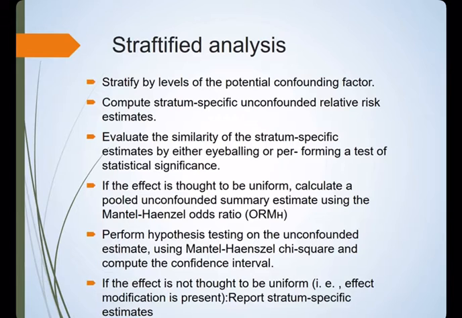There are several principles to consider about confounding factors when we want to do stratified analysis. The presence or absence of confounding factors should never be assessed by a statistical test of significance.